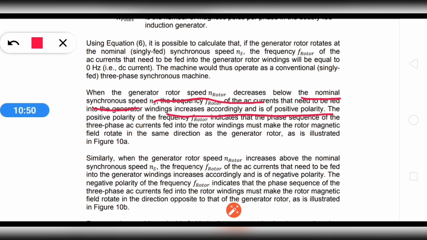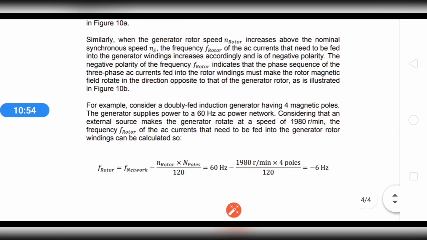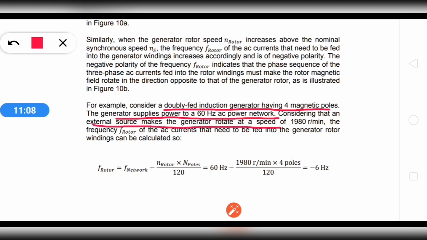So let us consider this with the help of an example. Let us have a DFIG having four magnetic poles. The generator supplies power to a 60 Hz AC network, and an external source makes the generator rotate at a speed of 1980.